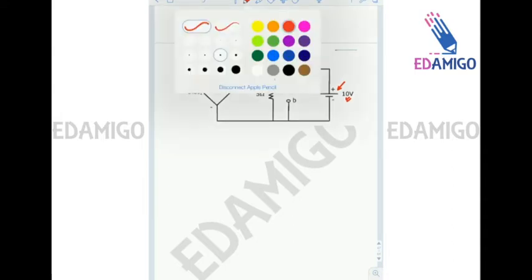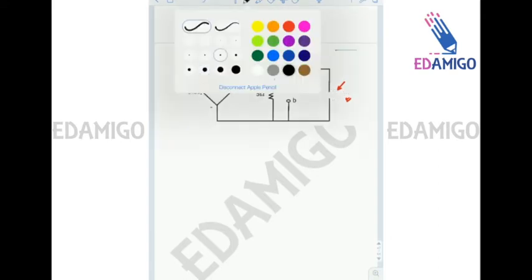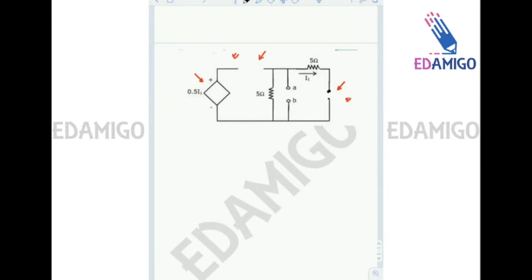How are they removed? They are removed by open circuiting the current source and short circuiting the voltage source. So we open circuit the current source, and here it was a voltage source, I short circuit that.